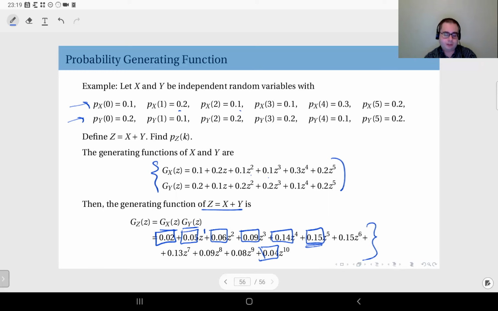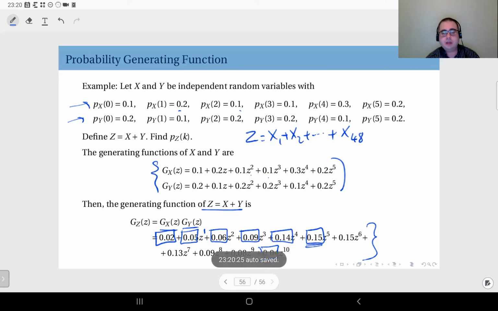This is a simple example, and maybe the generating function may not look easier than the alternative. But if the domain of each of the random variables is large, or if you have lots of random variables to deal with, for instance Z equals X1 plus X2 plus dot dot dot X48, then obtaining the convolution is very tedious.